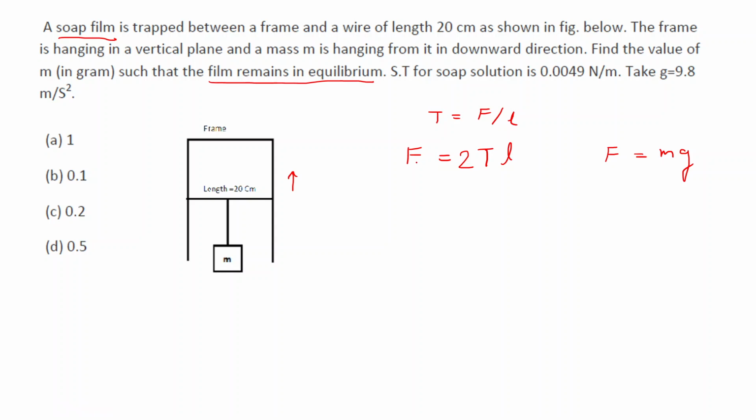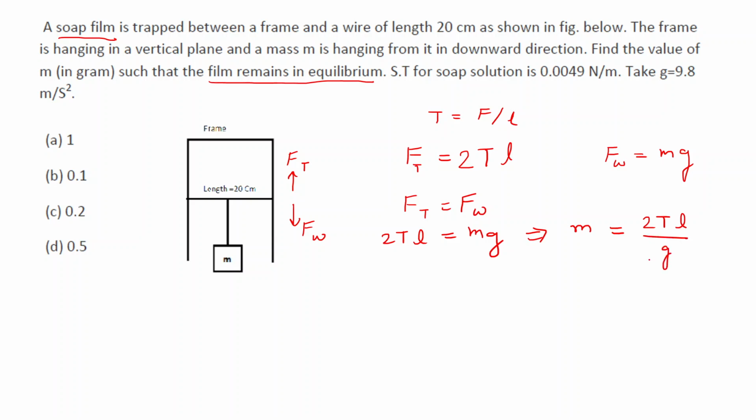Let's call the weight W, and in equilibrium these two forces will be equal. Thus if I equate these things, I will be able to calculate the mass which has been asked in the question.